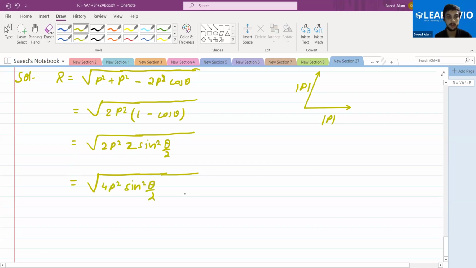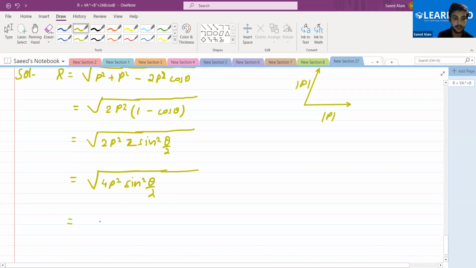Yes, what's the problem in this? After that, what will come out of the under root? 2P sine theta by 2. Yes, so this is the final expression of R that we had obtained here.